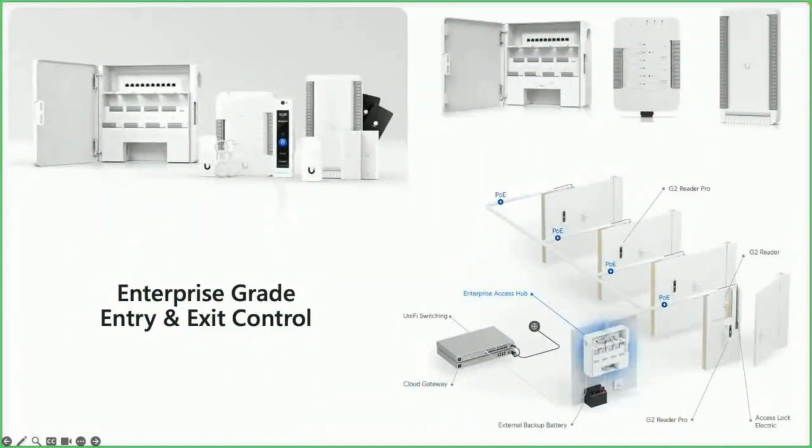Of course, all of this needs to connect back to something. So there needs to be something that controls all of this. For the most part, the readers themselves don't have the analog interfaces that are needed to control the doors and alarms, etc. So that's where the access hubs come in. The hubs are either sold as a bundle with the readers, or they can be purchased separately as well.